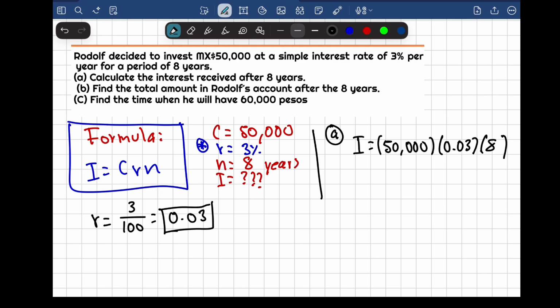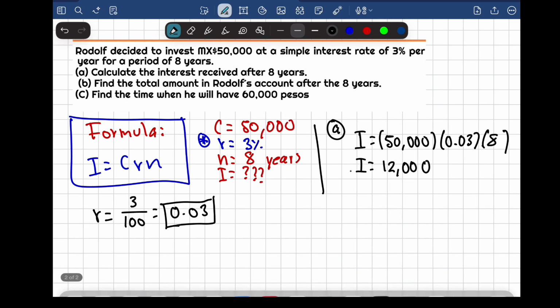We can do this in your calculator: 50,000 times 0.03 times 8. So this is the interest that Rodolph is going to receive, 12,000. Okay, so this is A.